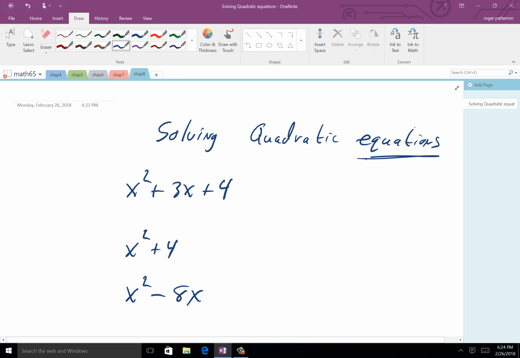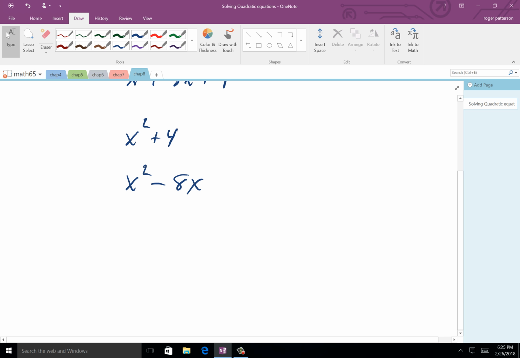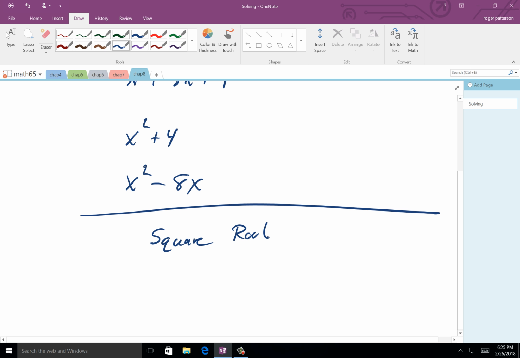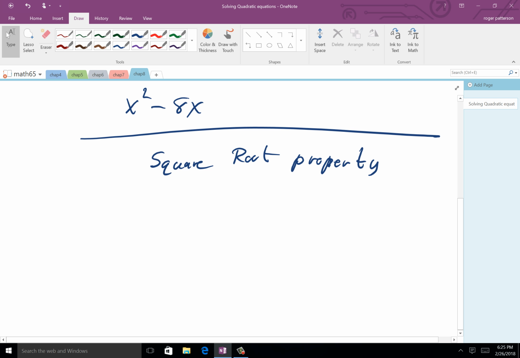So these are going to be equations, versus what we've done so far, which is just work with these things as expressions and factor them. So now we're going to treat them as equations and solve them. Okay, so this 8.1 section talks about using what is called the square root property, which again is okay if the quadratic is in a certain form that you can actually use it, which is pretty darn rare.